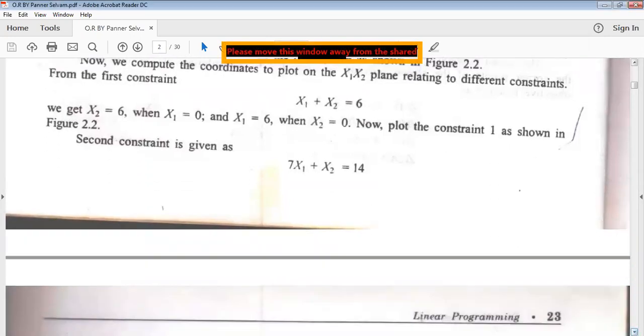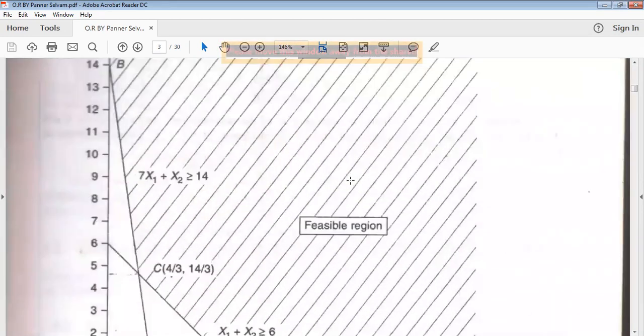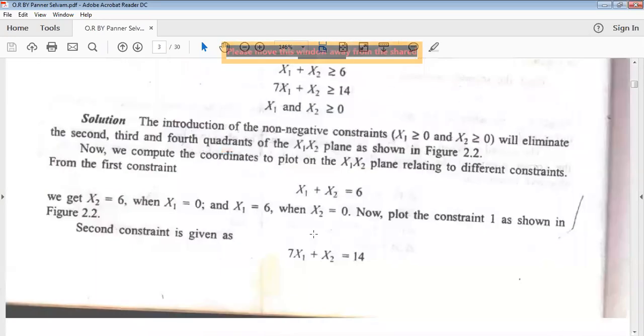Similarly, the second constraint is 7x1 plus x2 is equal to 14. Therefore, if you put x1 is equal to 0, x2 is equal to 14, and if x2 is equal to 0, x1 is equal to 14 by 7, which is 2.